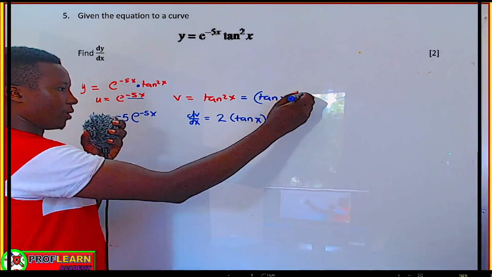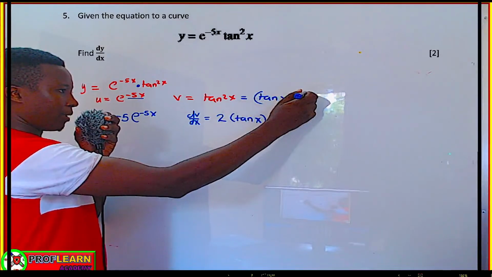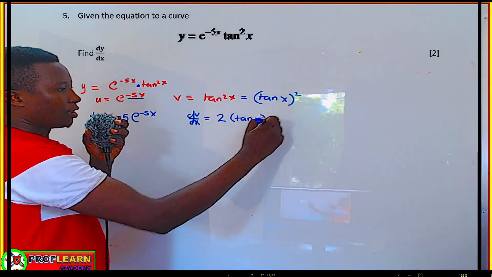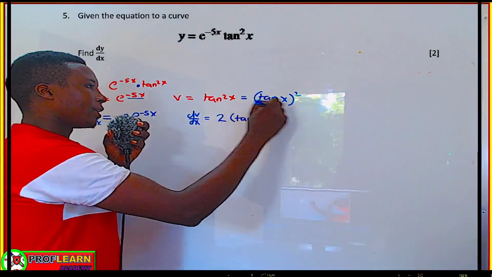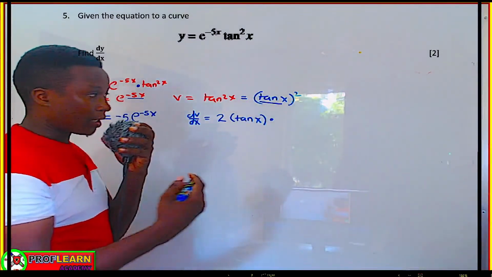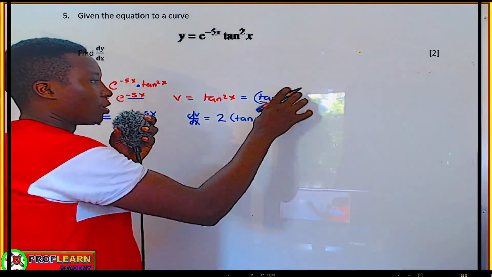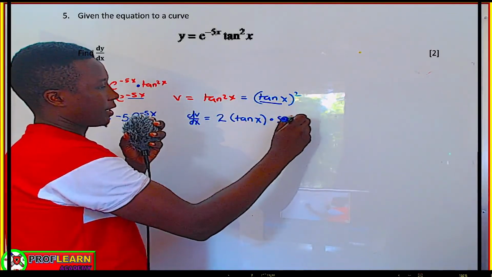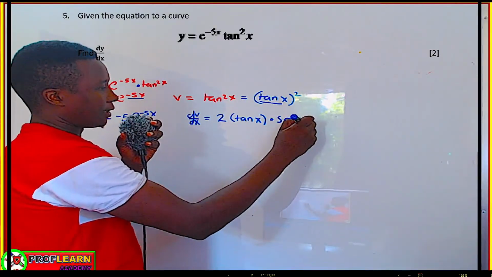Of course, when we take the power down, we decrease the power by 1, and that's going to be actually 1 at the top. Now, once you have done that, you go to the inner function. You again differentiate it without looking at the power, and that's going to be sec squared x.